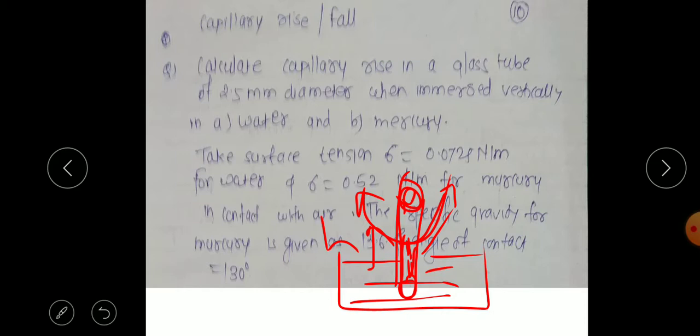So this film will be under tension. Tensile force is acting, making an angle theta with the wall. For mostly water, for water and glass, theta is taken as 0 degree. So this is the capillary rise.